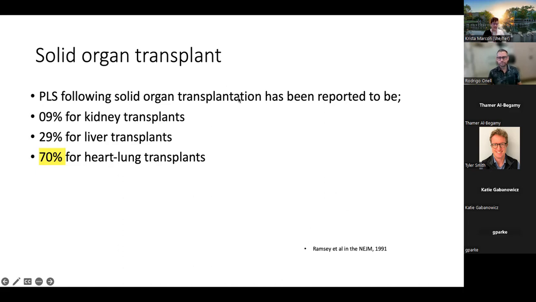Just a quick question. Is there any sense in the leukoreduction area if that's affected the incidence of this, or maybe you covered this and I just missed it? This is a great question. Usually these are solid organs, so I think the lymphocyte sits within the organ itself.